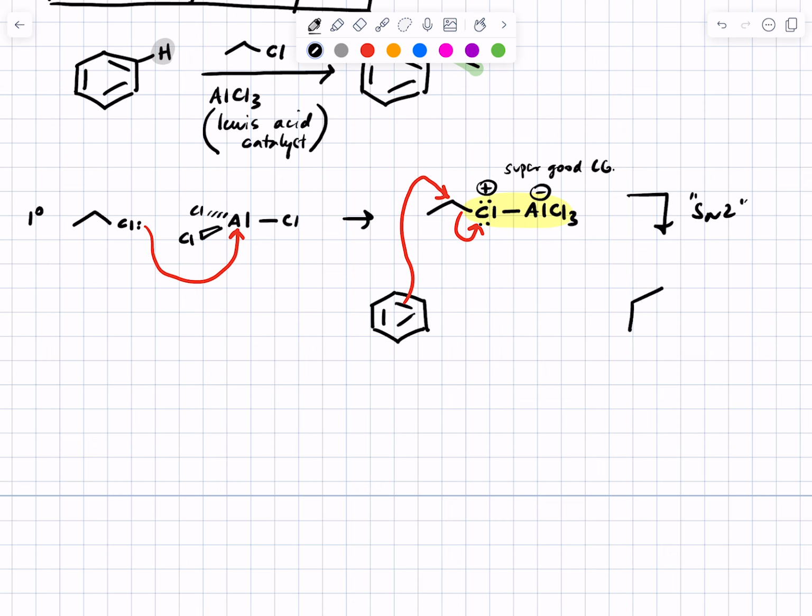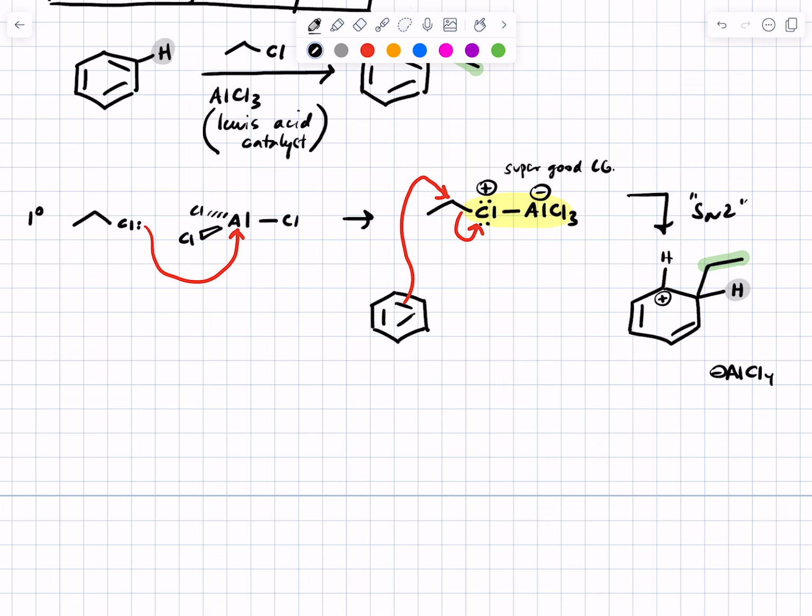At this point, the intermediate is going to be exactly the same as we saw before for other similar reactions. That is, we're going to have a positively charged carbon. There's our hydrogen, and there's the alkyl group that we just added. What I didn't draw, but I can, is the AlCl4 as the leaving group.